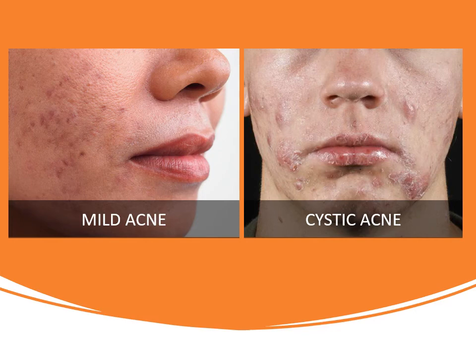So those small papules have become larger and larger and filled with bacteria and with pus, and we call that nodulocystic acne. That can happen on the face, it can happen on the shoulder, and on the back for patients.